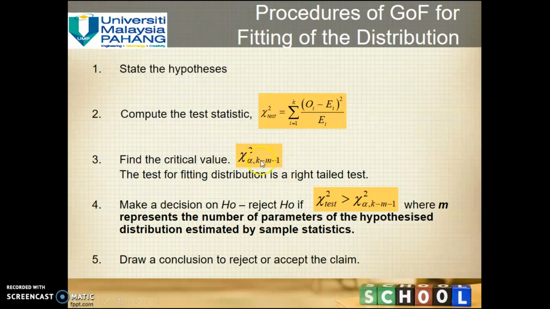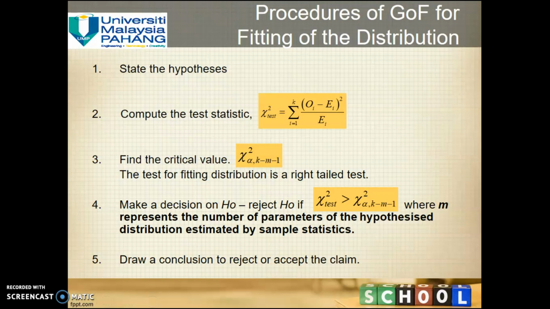K here is the number of categories. If you need to combine your categories, then K here is the new number of categories. If you don't combine any category, then we use the old one, however many categories you have. The M here is the number of parameters of the hypothesized distribution estimated by sample statistic. So the M here represents the number of parameters that we have to find on our own.